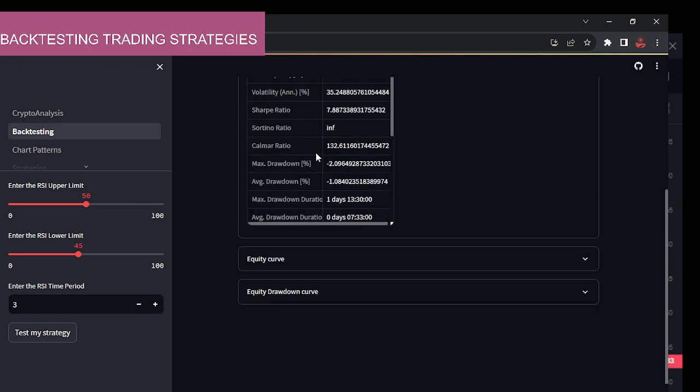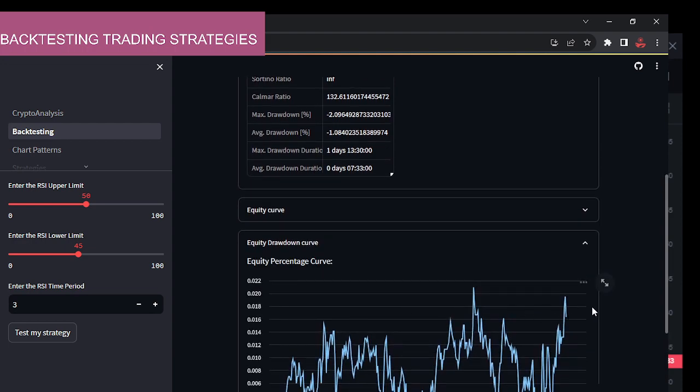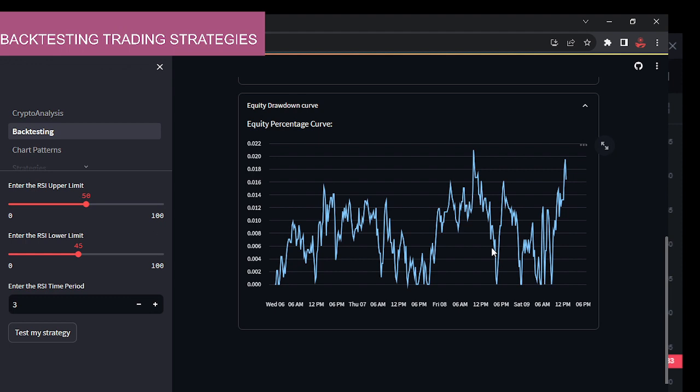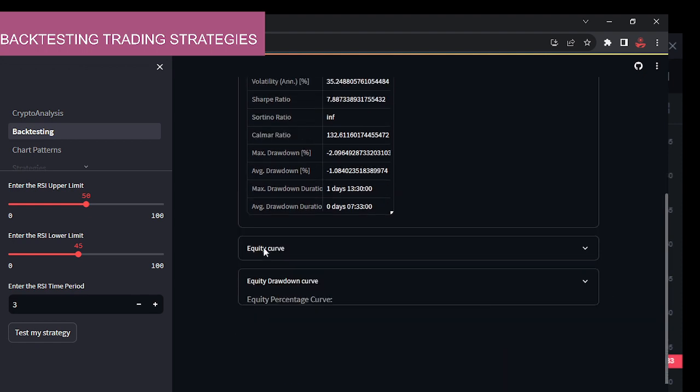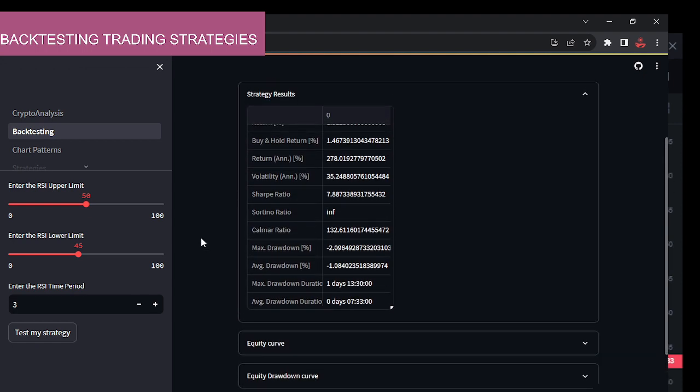Another thing that you'll be able to see is this particular equity drawdown curve, which in my case with my strategy is actually good because it's above 0, so it's quite better off. It means at least I won't be going to the negative side, which is quite good.